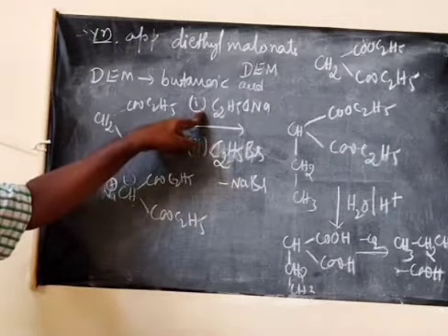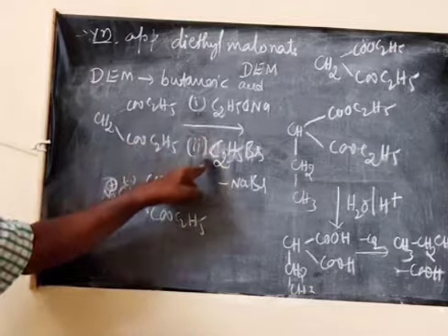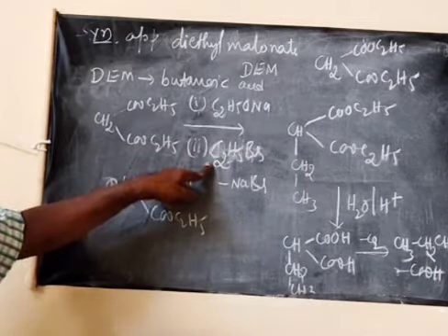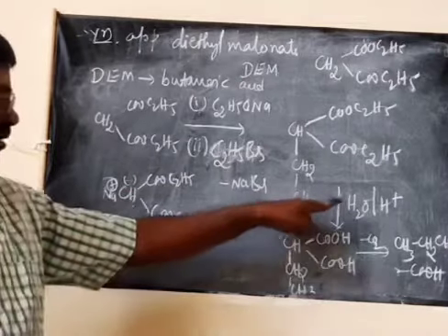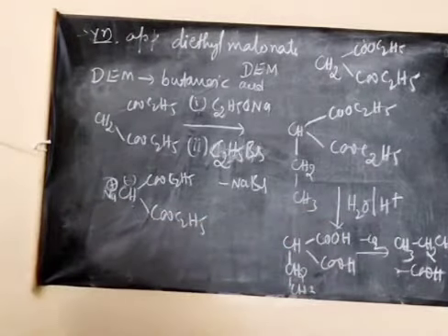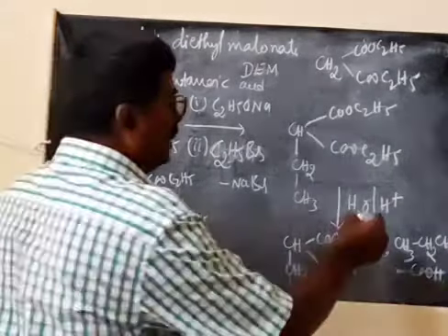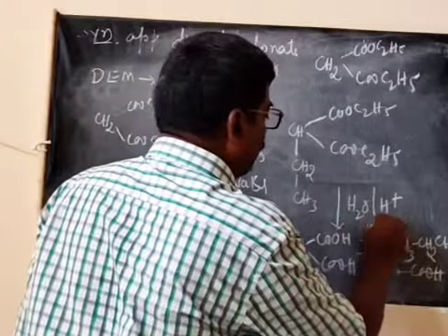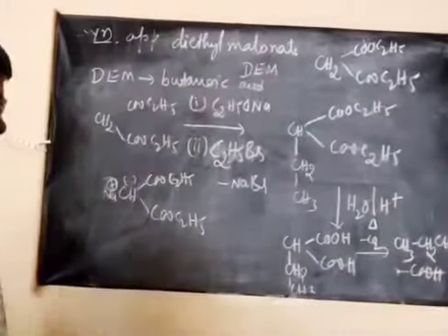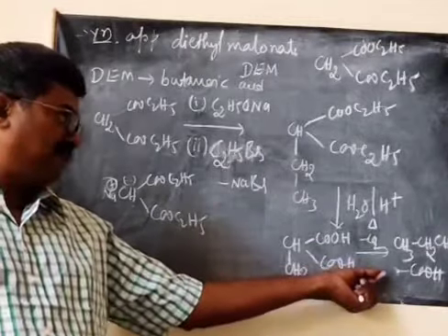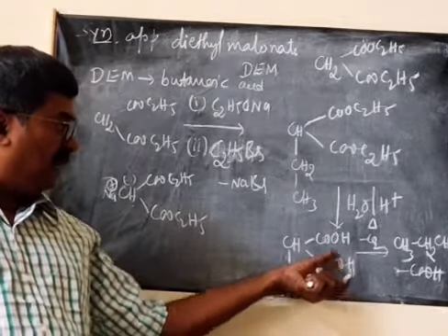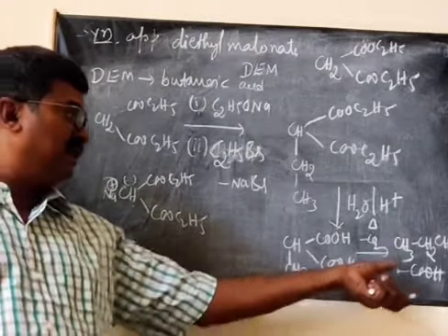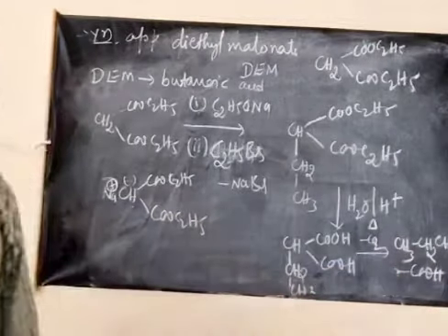First treated with sodium ethoxide, followed by ethyl bromide. It forms this intermediate, which on acid hydrolysis followed by decarboxylation, heating the reaction mixture, is highly unstable, readily undergoes decarboxylation, and forms butanoic acid.